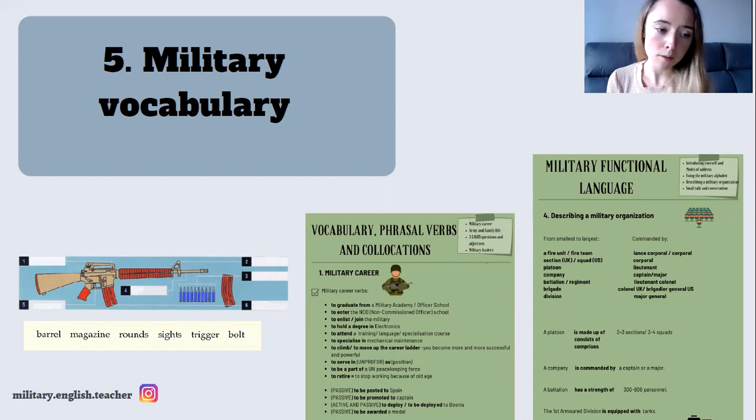And on the left, you can see the parts of the gun. This is also one of the parts of the technical vocabulary. So we've got technical vocabulary, profession-specific vocabulary, and functional language, the three aspects that I consider to be really important in the military language course.